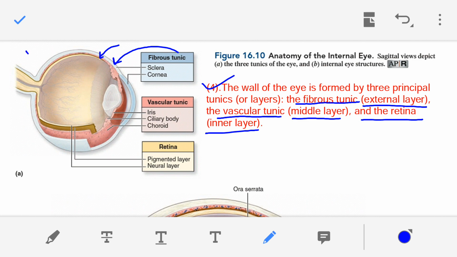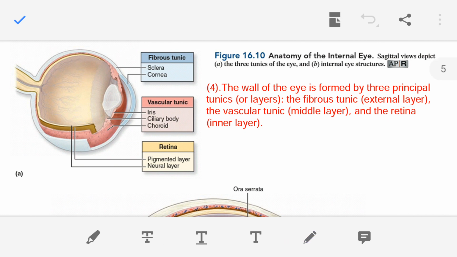So this one is the retina. Our eye wall is made up of three principal tunics: fibrous tunic, vascular tunic, and the inner layer.